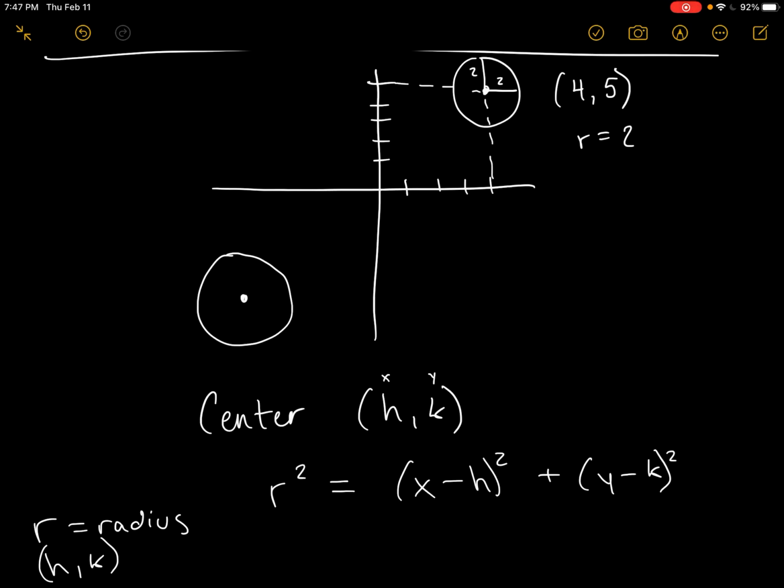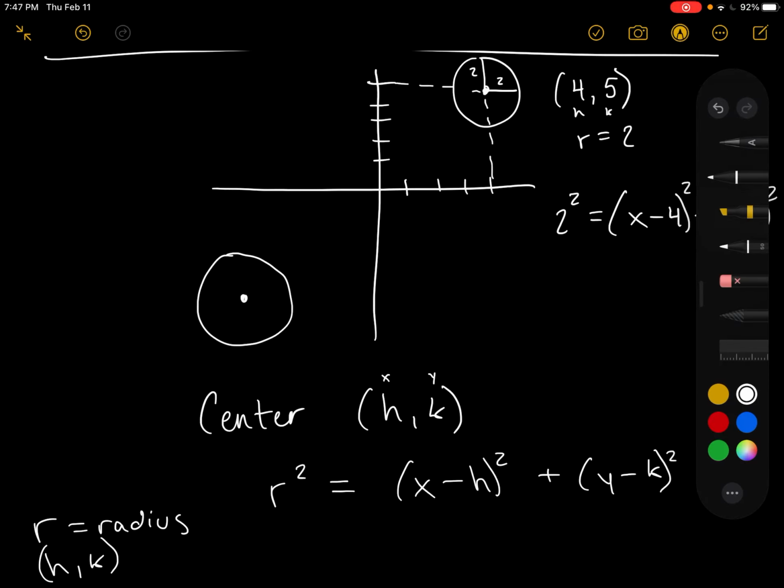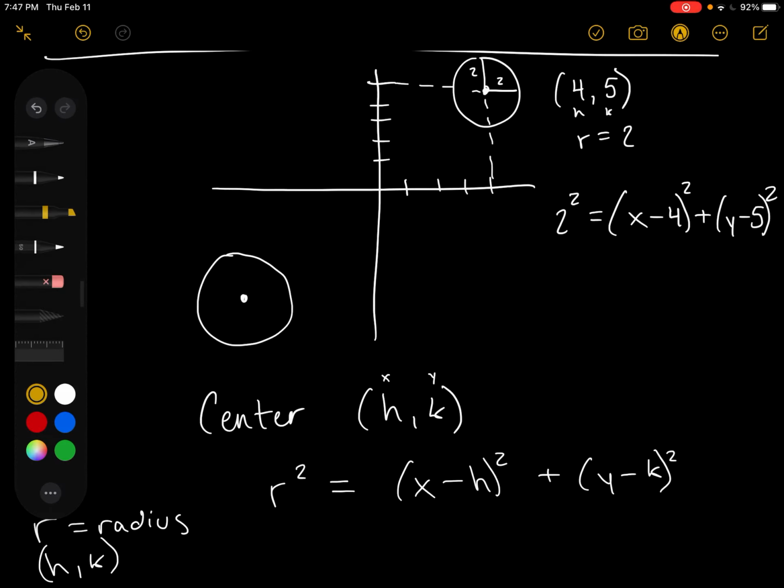So the equation for this circle, our h comma k, is here. So r squared is 2 squared equals x minus h, which is 4, squared, plus y minus k, which is 5, squared. So to be very clear about where this came from, our h value is here, our k value is here, and then we got our r value and plugged it in here.